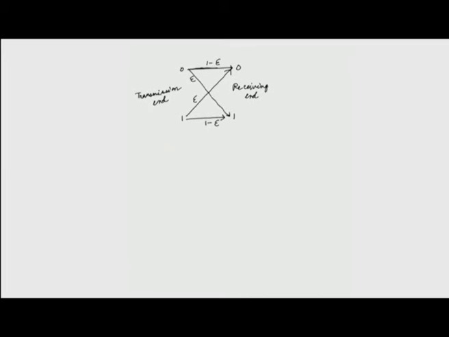Specifically, when 0 is transmitted, zero will be received with probability 1 minus epsilon.